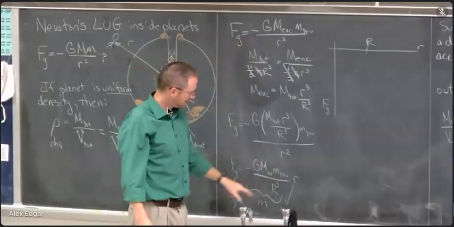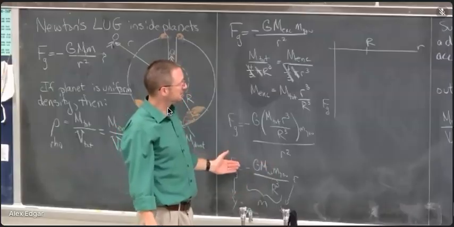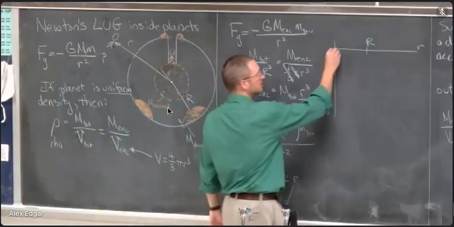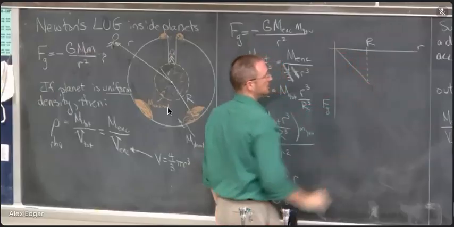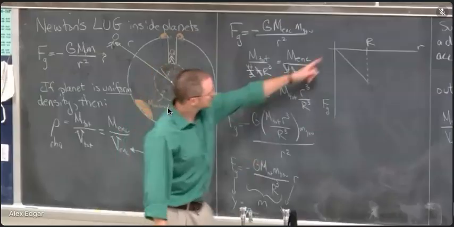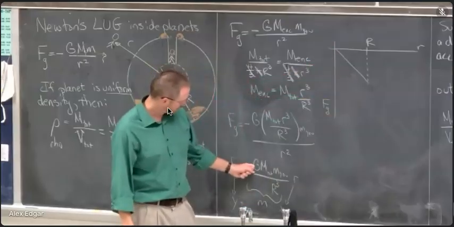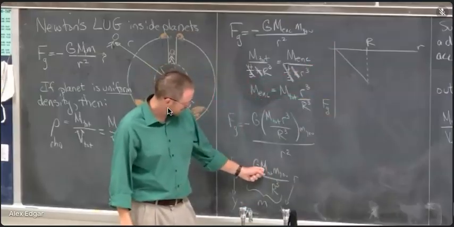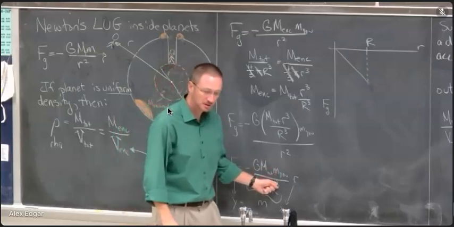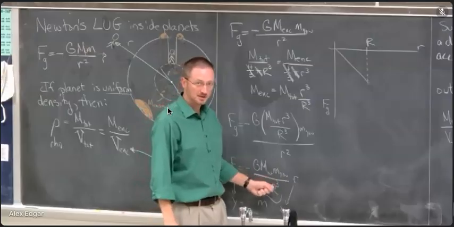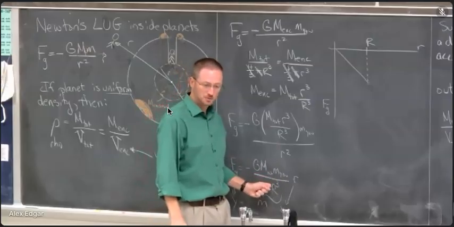This says we have a linear relationship between the center of the planet and the surface of the planet. The slope of that graph would boil down to big G times the mass of the planet times the mass of you divided by the radius of the planet cubed, because remember, this is a three-dimensional object, so that r cubed goes with the three dimensions.